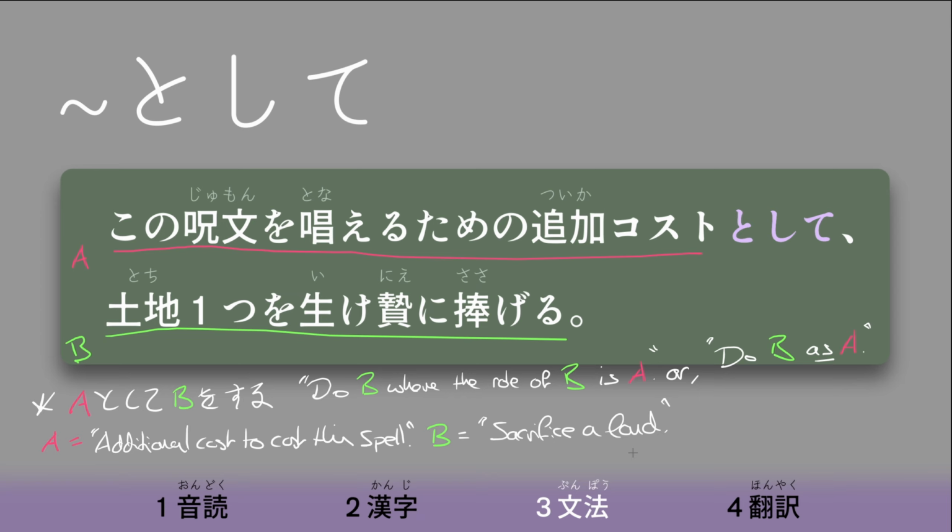The form we have here is where として is preceded by a noun. So we have a noun plus として, or, in Japanese, a 名詞 plus として.